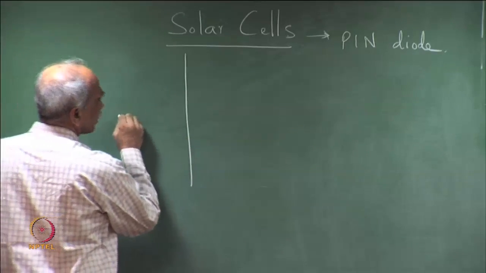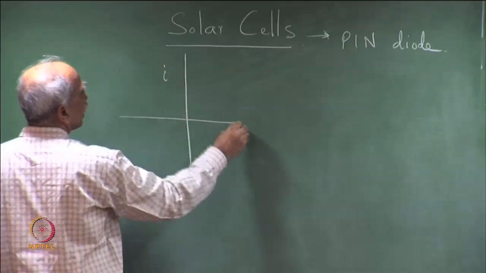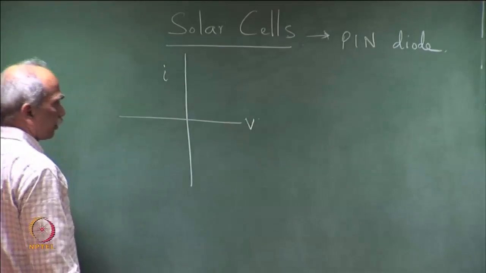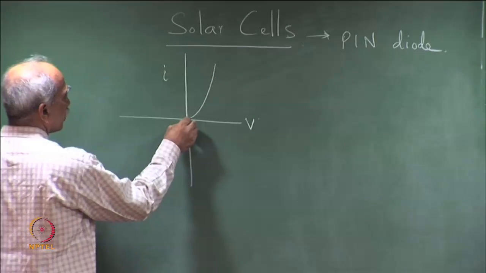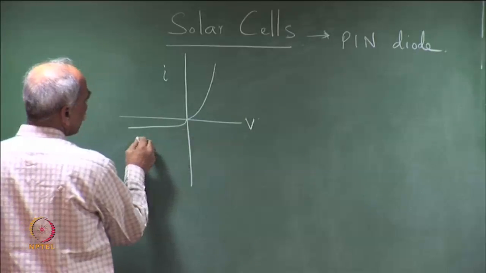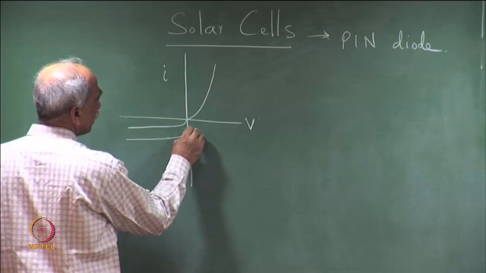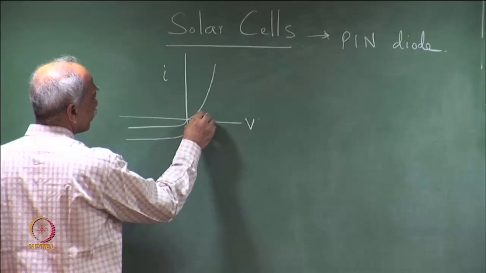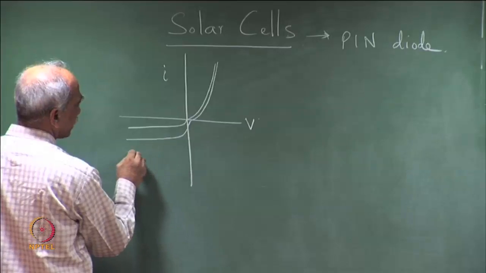the IV characteristics of the photodiode, when there is a photon flux incident, then we have, note that the scales on x and y axis are different.